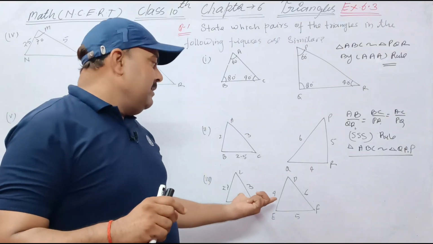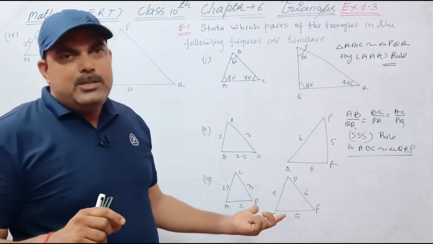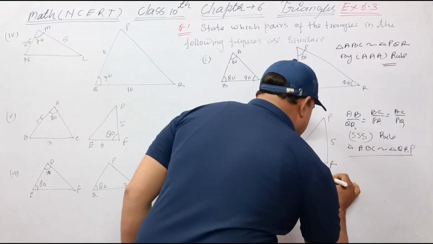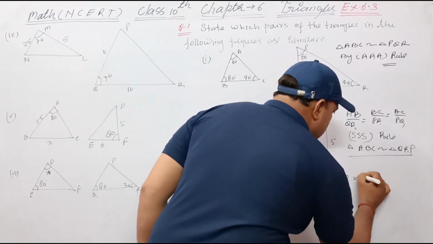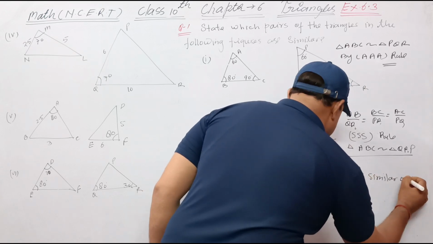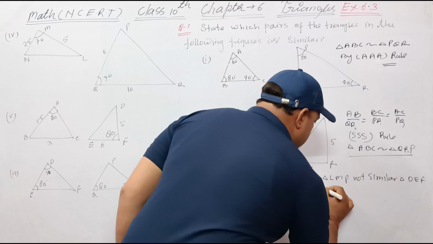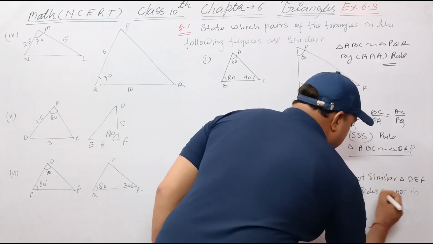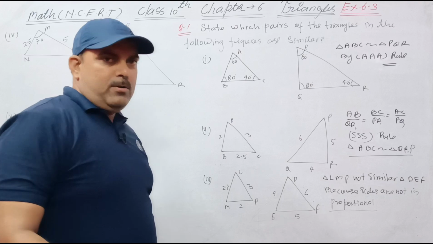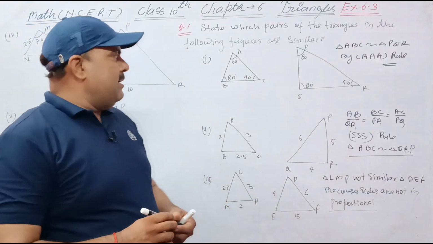That is, these triangles are not similar. Triangle LMP is not similar to triangle DEF because the sides are not proportional.